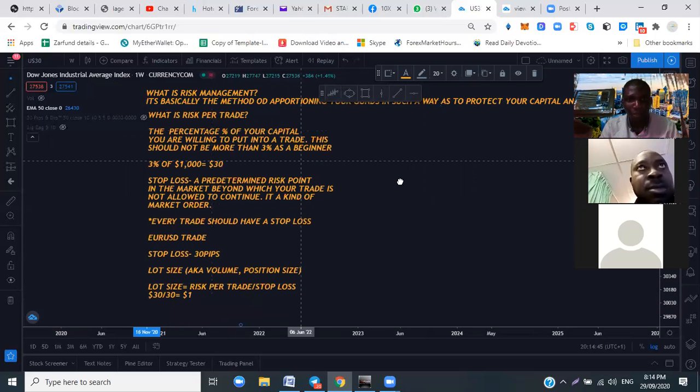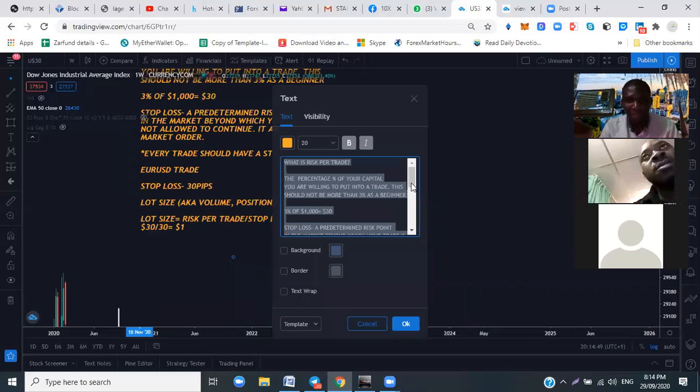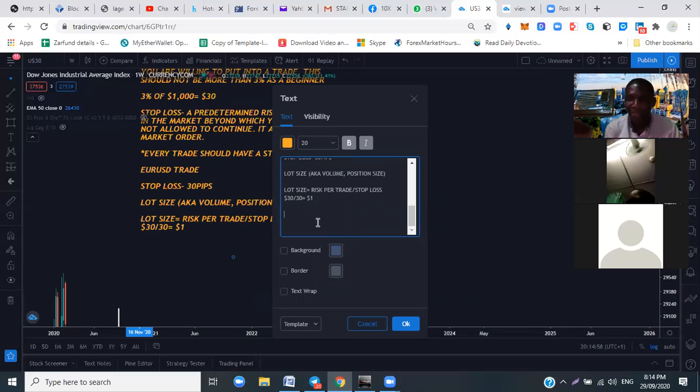Okay, so now we have 3 different types of accounts. These are the kinds of accounts that brokers give us. First of all, you have a micro account, a micro lot. There are 3 different categories of lots.